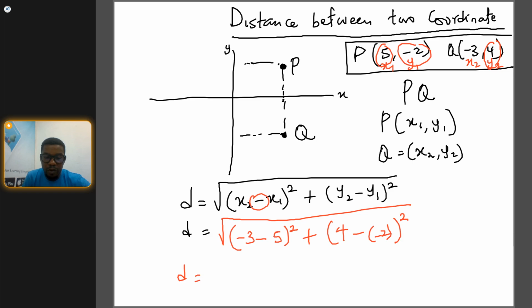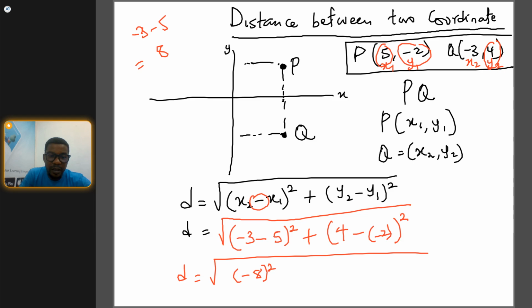D will now be equal to minus 3 minus 5, which is minus 8, all square. That is, subtracting, we have minus 3 minus 5. The law says add them together and give it the sign. So we add 3 plus 5 together, that is 8.